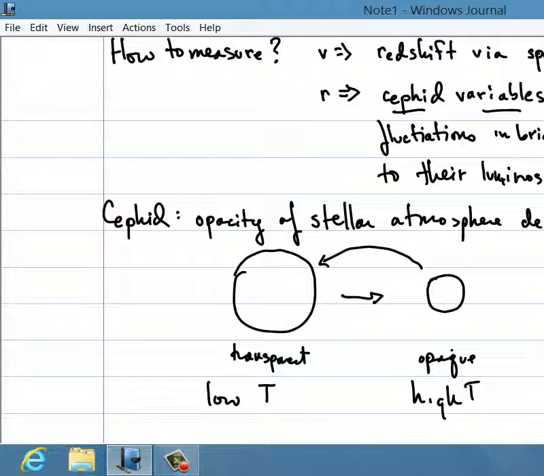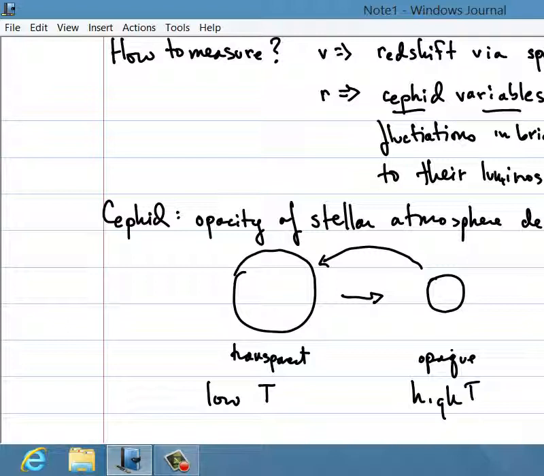Yeah, and I should mention that even today in astronomy, measuring redshifts and hence measuring velocities of objects is very, very easy. But measuring their absolute distance to us is very, very difficult. So what people are always looking for in astronomy is a so-called standard candle.